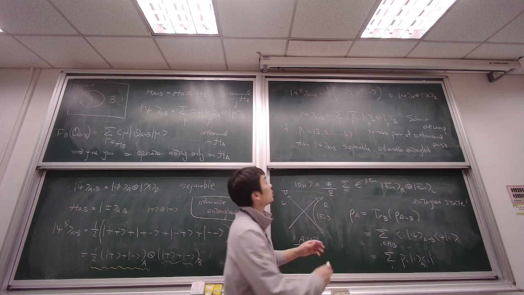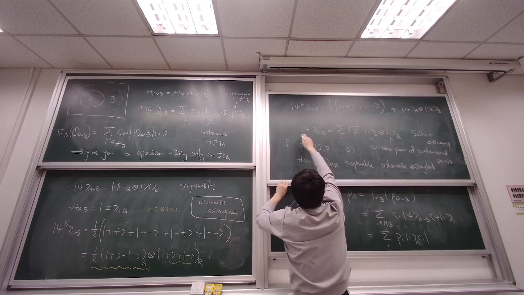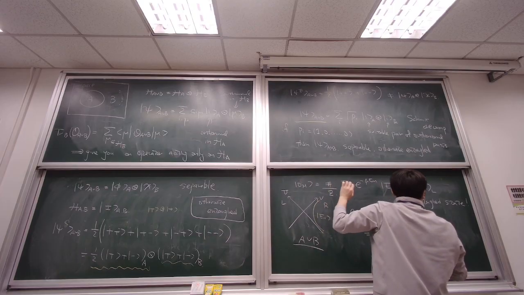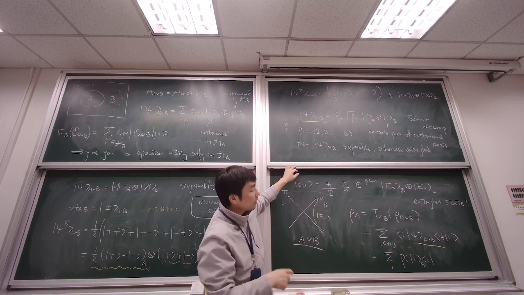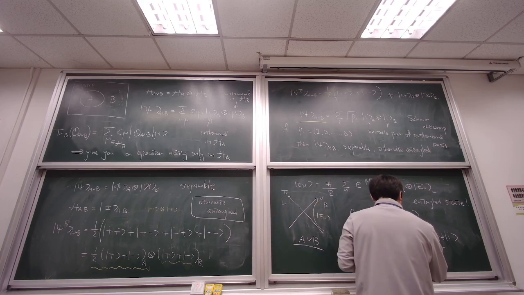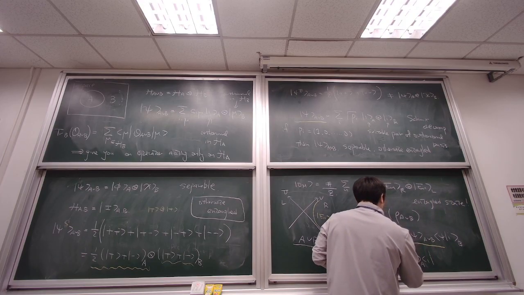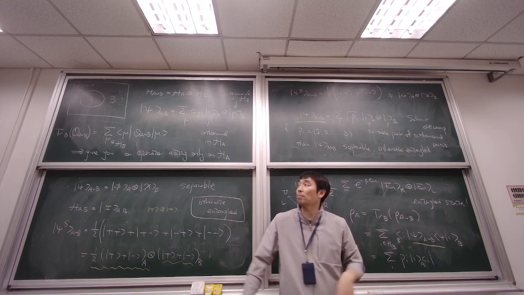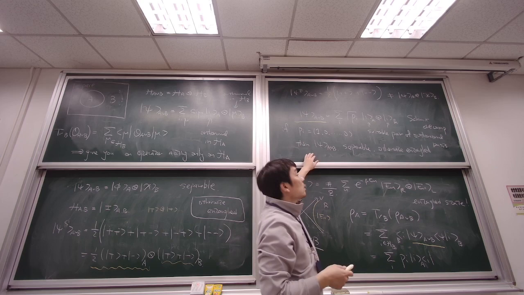So here I just plug this guy into here, then do the computation. So this part is B, this part is B. Since I runs over, you have to trace over all the Hilbert space in system B, outside of A. Okay, system B.